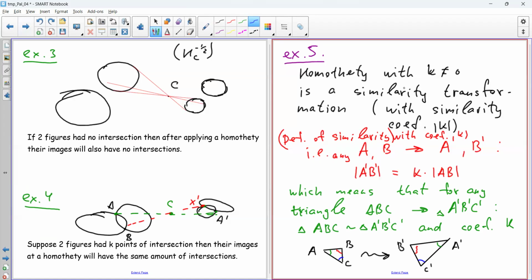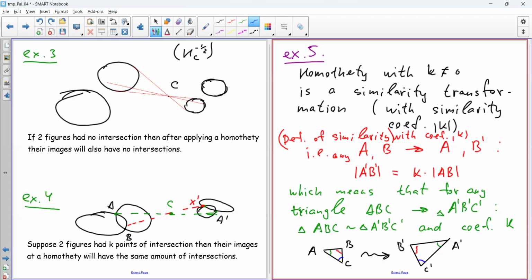We know that segment OA or segment OB, for example, it goes to a segment OB prime, so that the vector OB prime is equal to K times OB, where K is the coefficient of homothety.